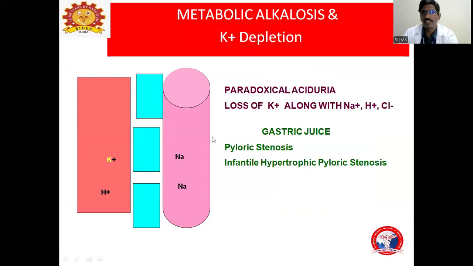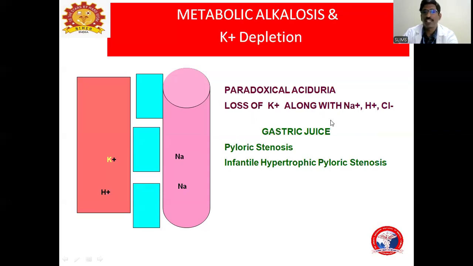There is acidosis. If there is acidosis, then we expect an acidic urine. But in alkalosis, we don't expect an acidic urine. It happens in certain situations where hydrogen ion is there, sufficient potassium is not there.